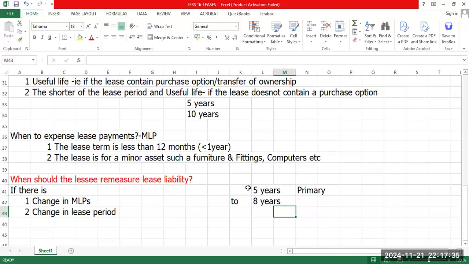But in the first lease period, you have no option. Here you have to meet the criteria that were set in the first contract.